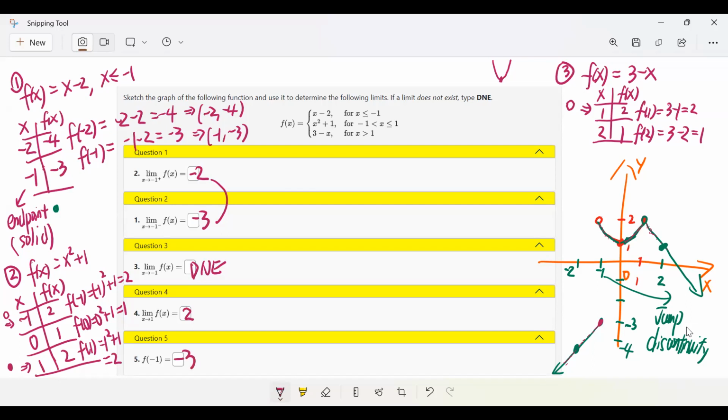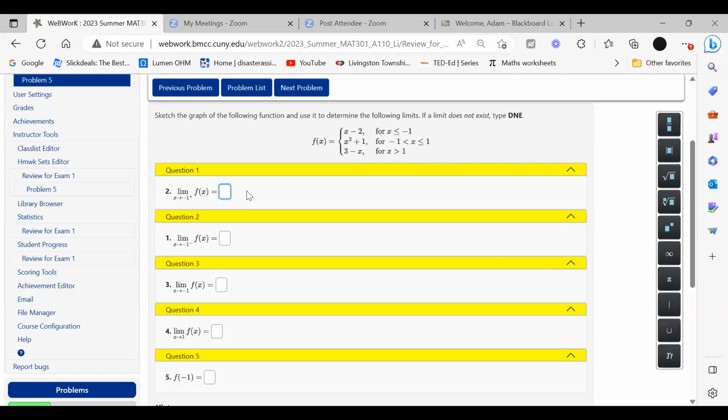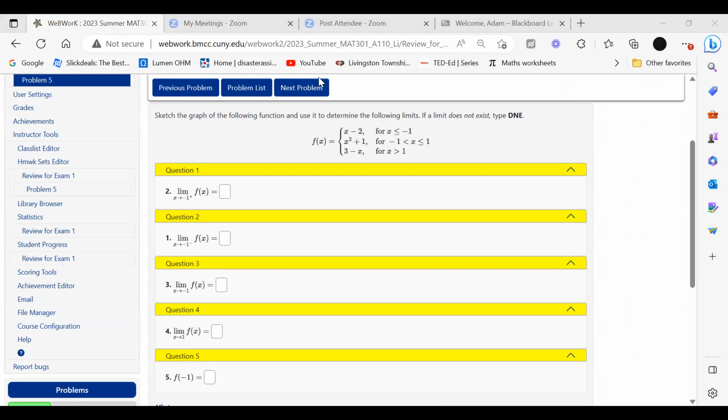Okay. So that's basically how you sketch the graph and also analyze the graph to find the limit accordingly. Okay. Any questions about this? Nope. That's very good. We just put in the answers here. And the 2 and 3, 2 and 3.